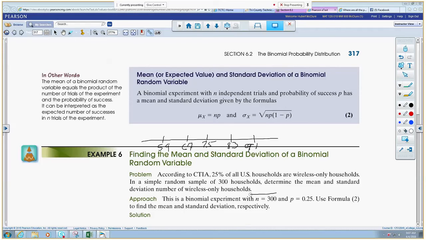So again, they're only giving you how many households, and they say that the probability of that household having wireless is 0.25. So you don't have any idea how many households have wireless. You just got a probability of 0.25 and a number of households. So it's kind of like you're getting blood out of a turnip.